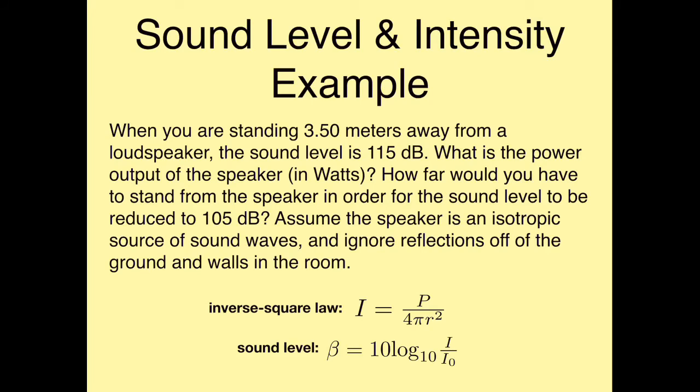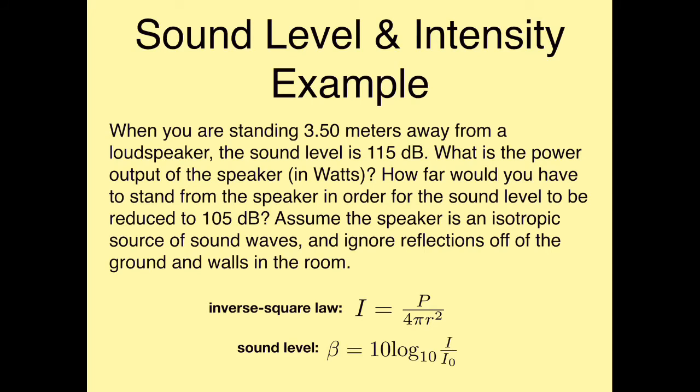And then a follow-up to that is, how far would you have to stand from the speaker in order for the sound level to be reduced to 105 decibels? We're going to assume that the speaker is an isotropic source of sound waves, so that means it's radiating energy equally in all directions. And we're going to ignore any kind of complicating factors like sound waves reflecting off the walls in the room.